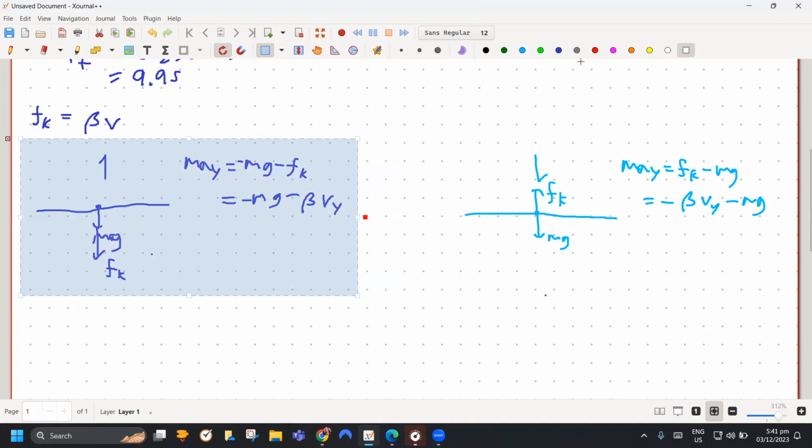Ang tamang state, yung sinulat ko kanina, FK vector, may vector sign sa taas, equals beta and then vector sign sa V. Kita mo?